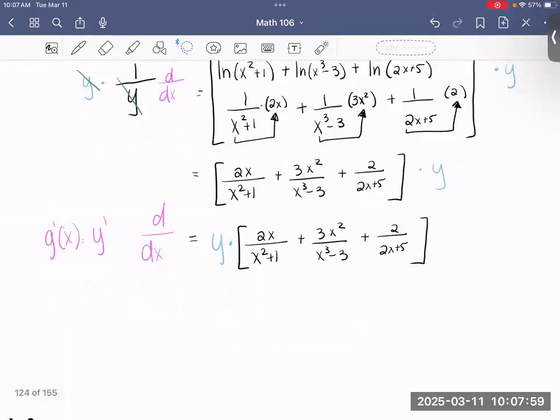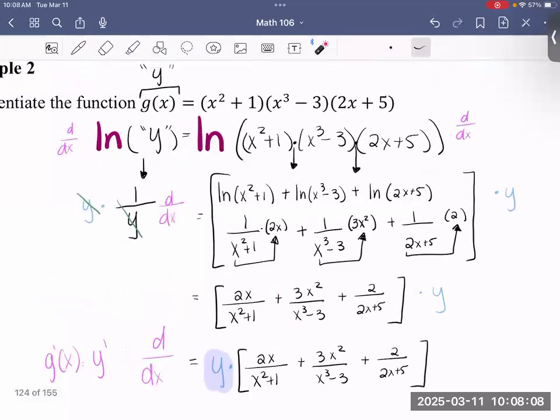So the last thing to do is that this y, right, because we need everything in terms of x. But we already know what y is equal to. y is equal to this whole thing here.